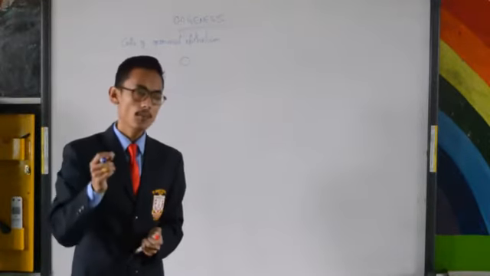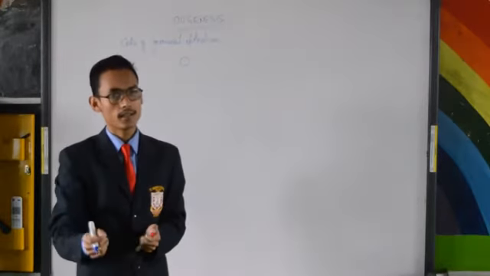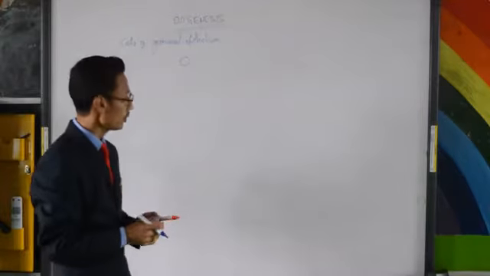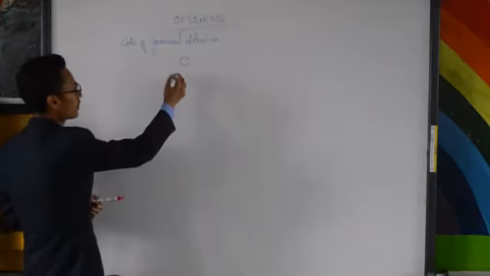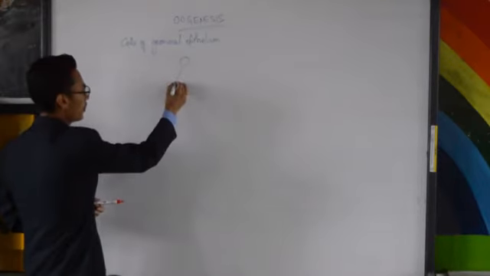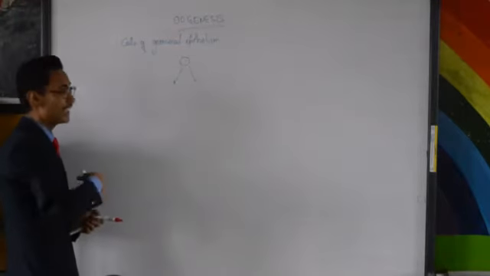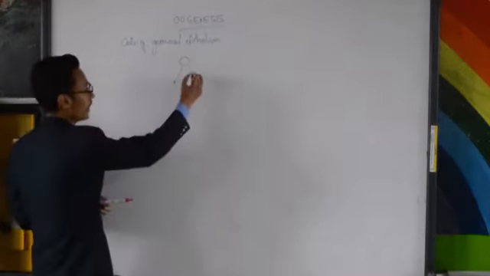That means the number of chromosomes in the parental cell and the daughter cell remains the same.